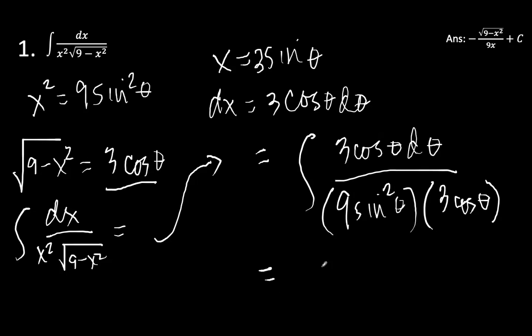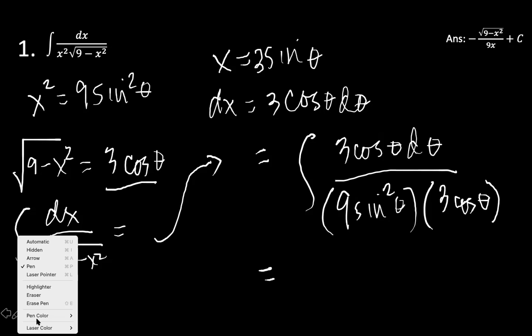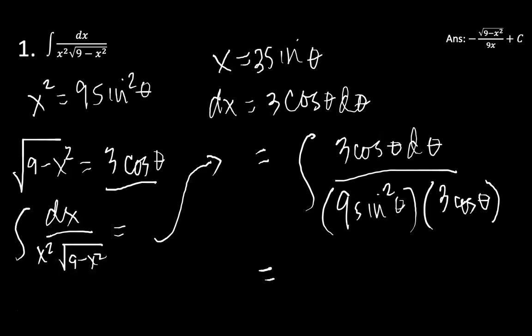All right, and let's simplify. Let's see if we could simplify some of the factors. So we have 3 cosine theta. We can simplify this, we can simplify this. So what we have here is the integral of 9 sine squared theta with respect to theta.